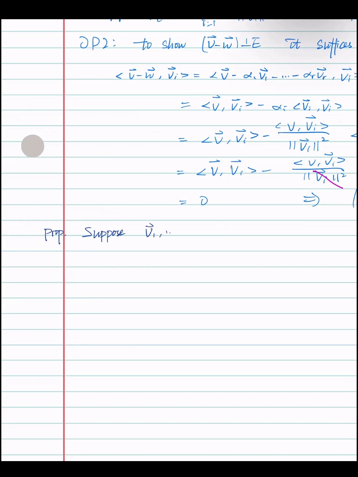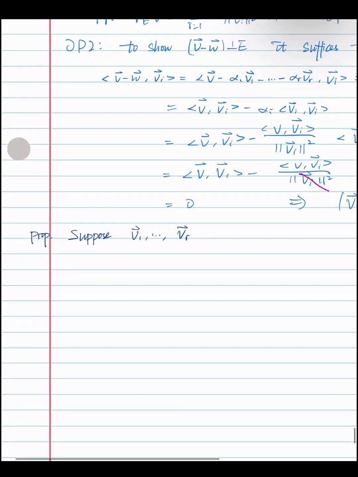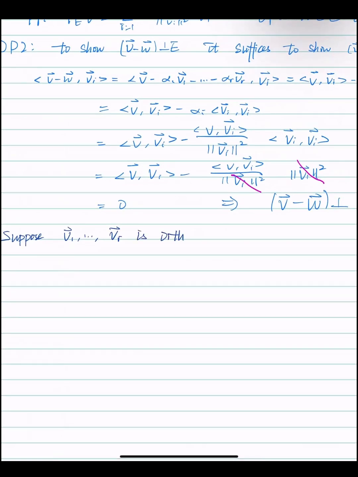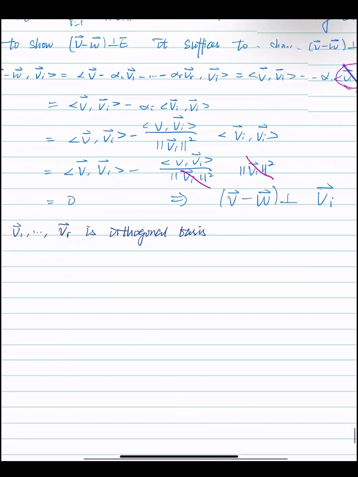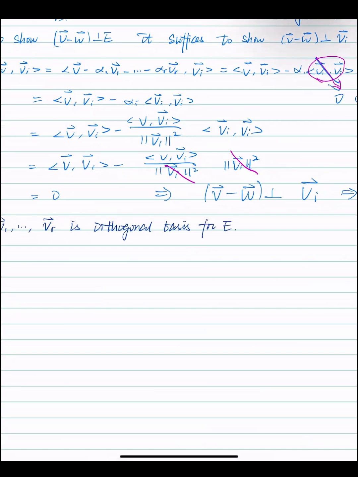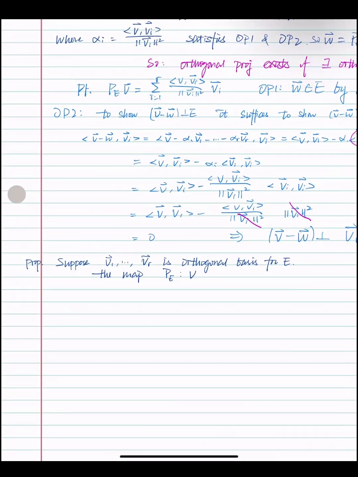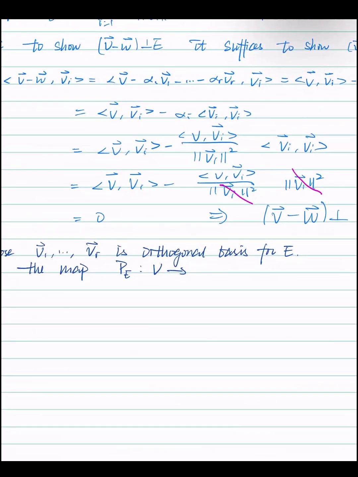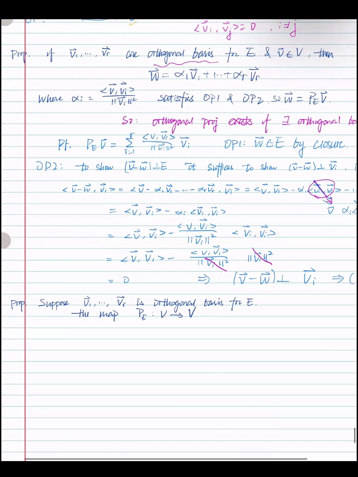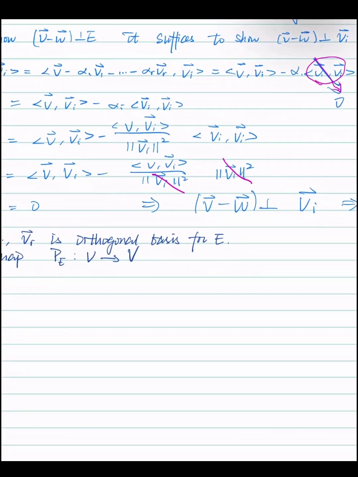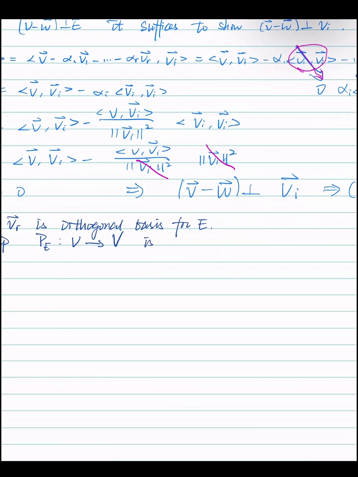Suppose we have v1 through vr, an orthogonal basis for E. Then the map: the projection takes a vector v, which is inside of this inner product space, and projects it onto E. E is a subspace of V, so whatever is in E is also in V. So we can write this map as taking an input from V, and the output is also in V. And we claim that this is linear.